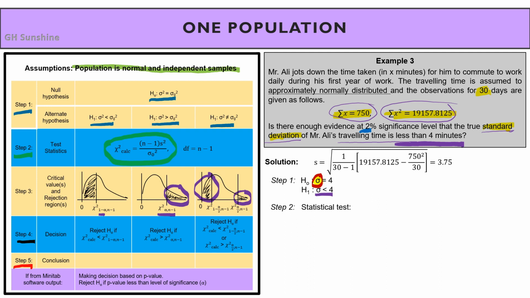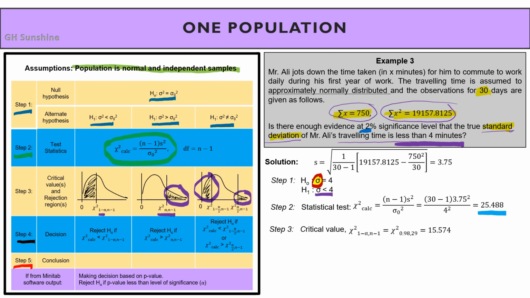Second step, calculate the chi-square calculation. Using the formula, chi-square calculation equal to 25.488. Meanwhile, the critical value here, for less than, is 1 minus alpha. From the chi-square table, the critical value equal to 15.574. What is the decision? Fail to reject H0. Why?